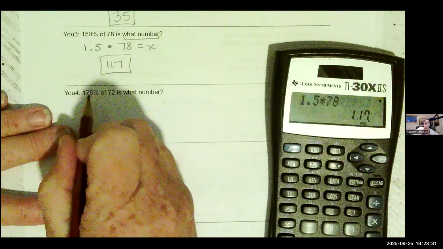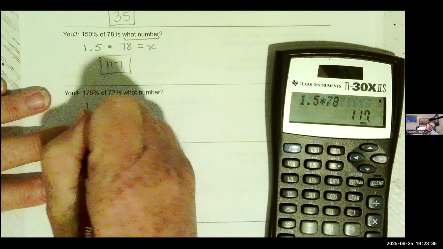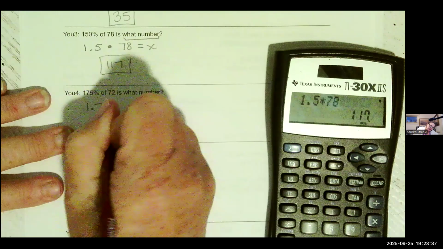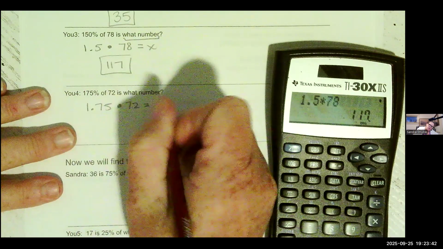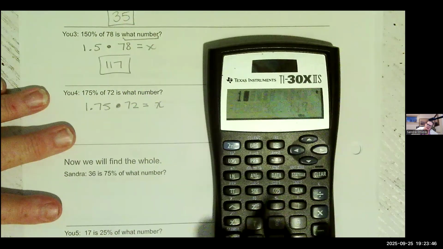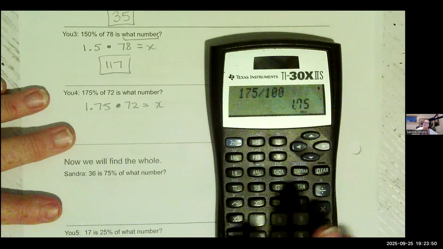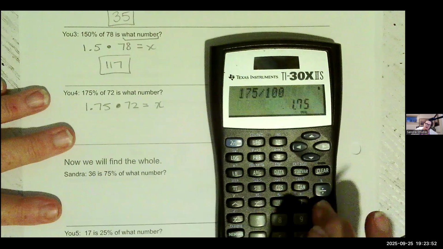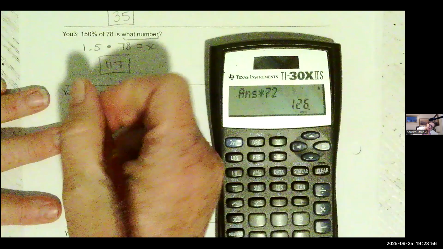The next one, 175 divided by 100 is 1.75. Of is times, 72, is equals, and what number is X? So when you're doing this, 175 divided by 100 would have given you 1.75. Leave that in your calculator and just multiply that times 72, equals. And your answer is 126.